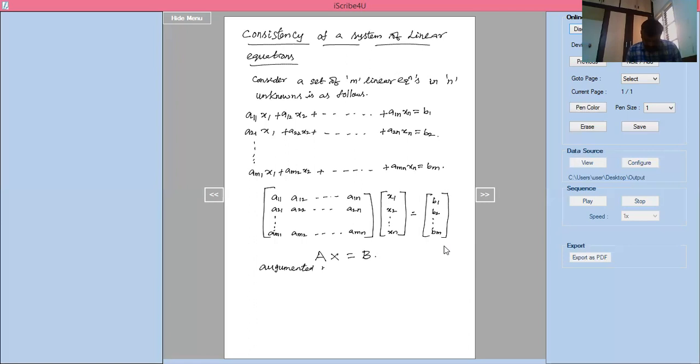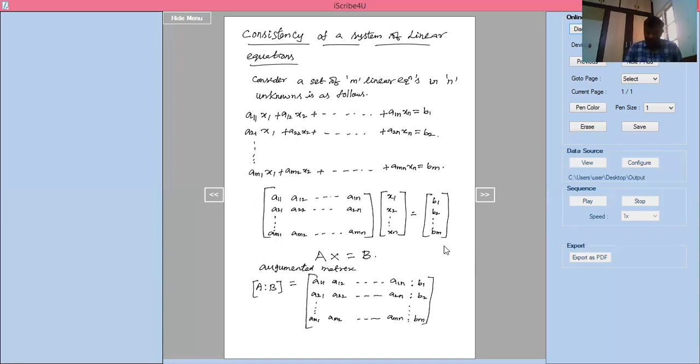Augmented matrix is nothing but A is to B. That is a11, a12 and so on a1n, a21, a22 and so on a2n, next am1, am2 and so on amn, is to b1, b2 and so on bm. This one only we are calling the augmented matrix.